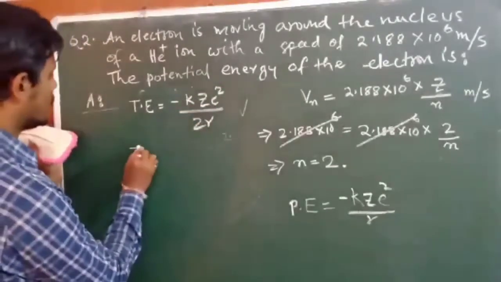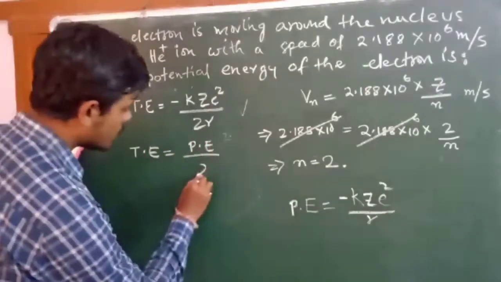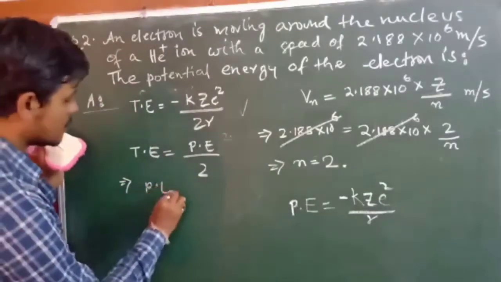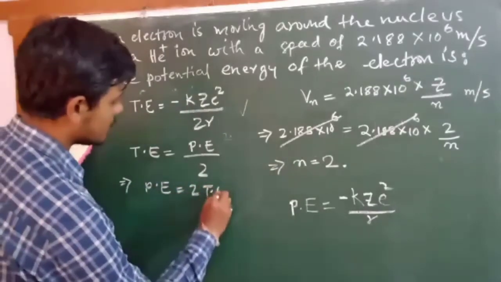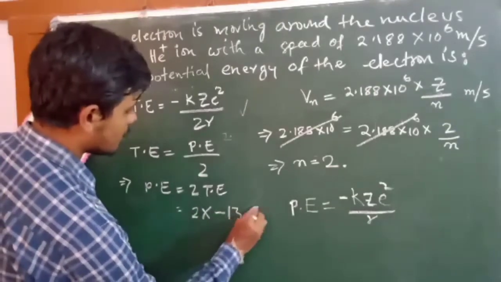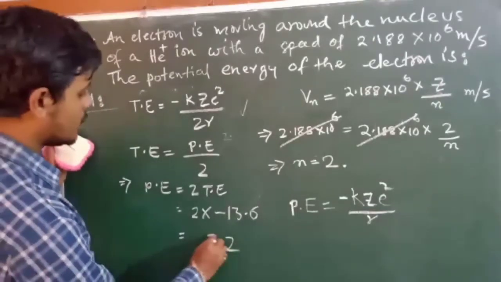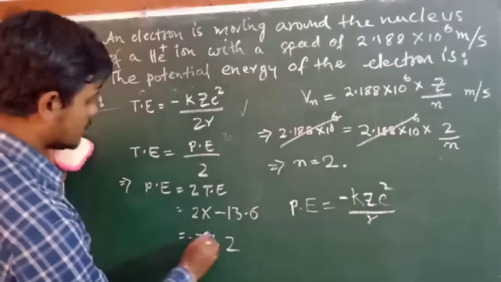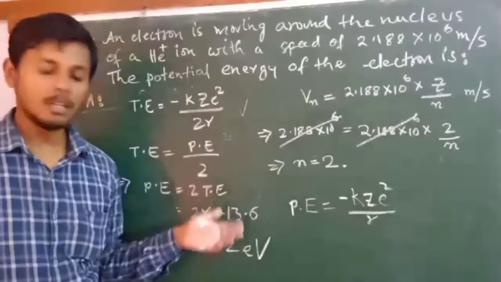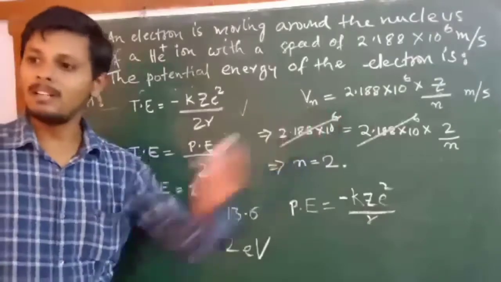That means total energy equals potential energy by 2. So potential energy equals twice the total energy, equals 2 × (-13.6), which is -27.2 electron volt. So in this way, we can find out the potential energy of an electron in an orbit from the velocity of the electron in the orbit.